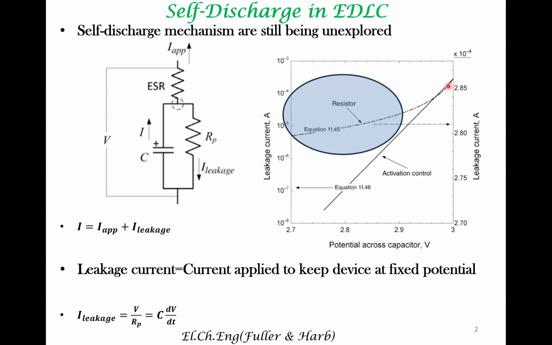Corresponding to this equation, as the voltage decreases, the leakage current also decreases. That is the main feature of this behavior. That is, the rate of change of voltage is proportional to voltage. So as the voltage becomes smaller and smaller, the leakage current also gets smaller and smaller.